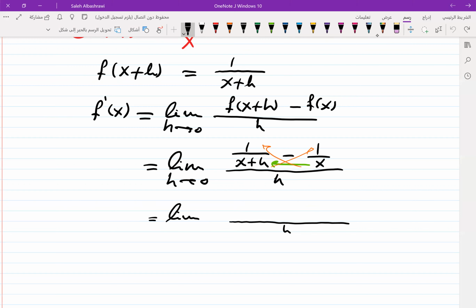For the numerator, I have x multiplied by x plus h. Then x multiplied by 1 is x, minus 1 multiplied by x plus h, it is x plus h. So I have x minus (x plus h) in the numerator, divided by x multiplied by x plus h. All of this will be divided by h as h goes to 0.